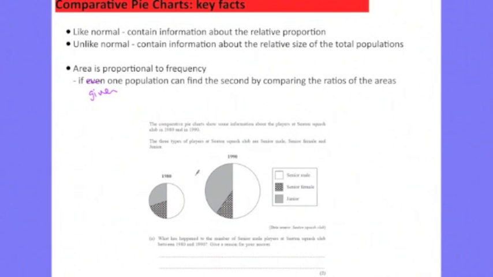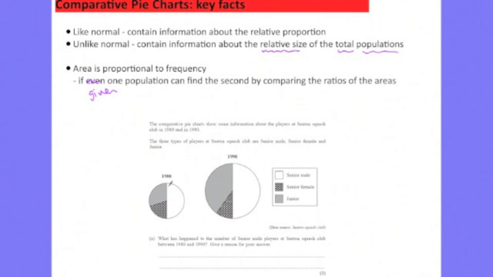In comparative pie charts, you'll be provided with two pie charts. Here we can see that the area is bigger than the area here. And this is important in relation to the relative size of the total populations.